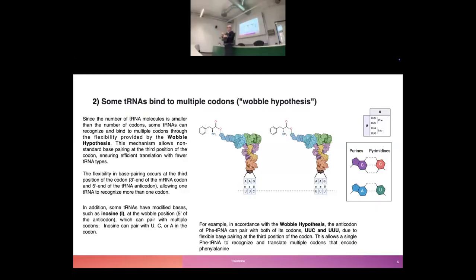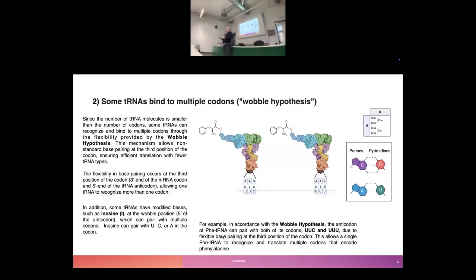Leucine is also encoded by 4 other codons that do not start with UU, when we looked at the table.